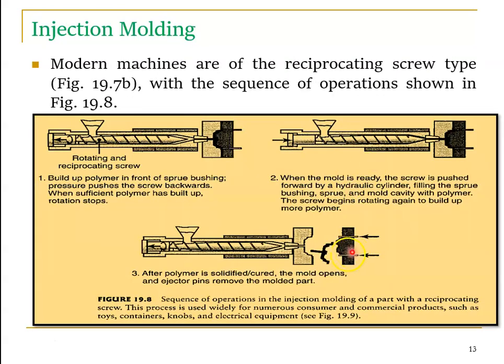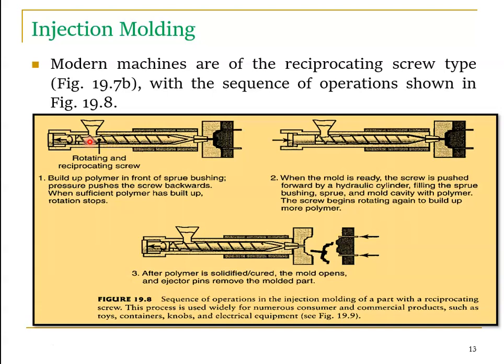So this is the sequence of operation in the injection molding of a part with the reciprocating screw. Modern machines are of the screw type, right? With the sequence of operation shown in the figure: first, build up polymer in front of the screw. First we store the raw material. The screw moves backwards because we add the material.